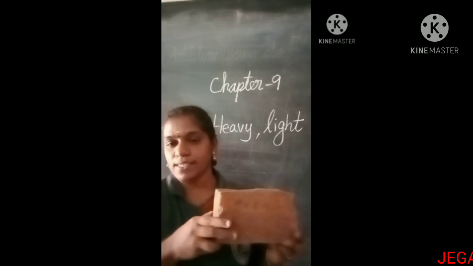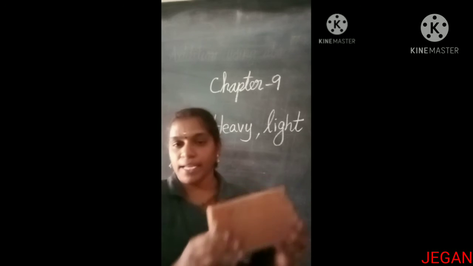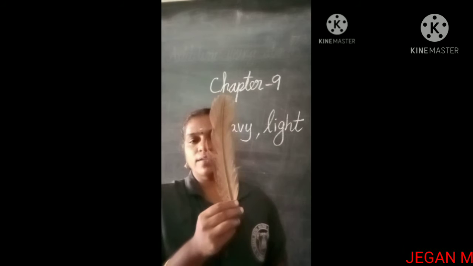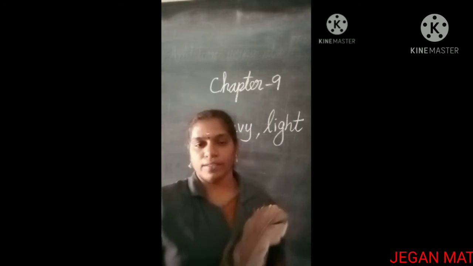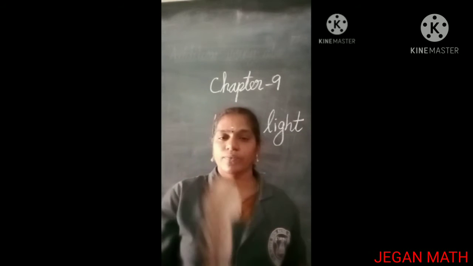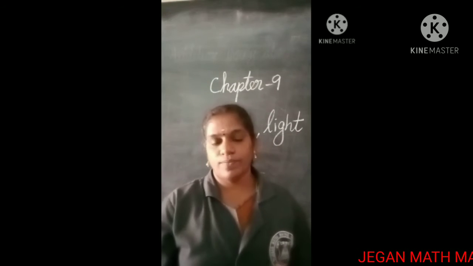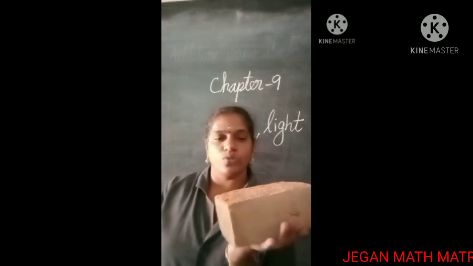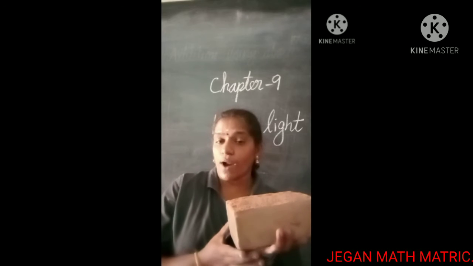What is this? This is a brick. This one is a feather. Now look at these 2 objects. I can easily lift the feather in one hand. Now listen. Ouch. I can't lift this brick in one hand.